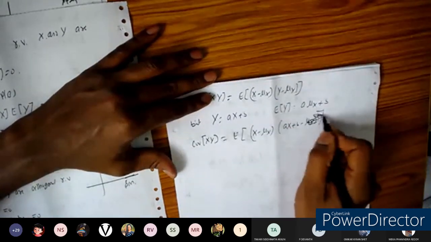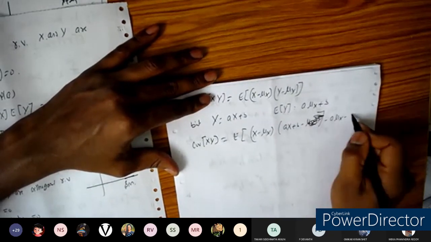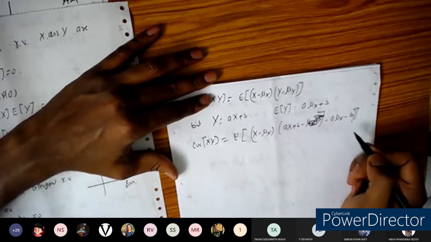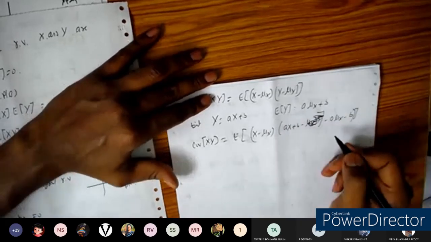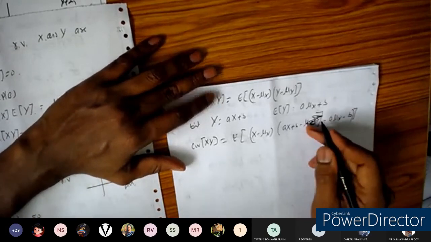So minus a into nu x minus b we will get here.